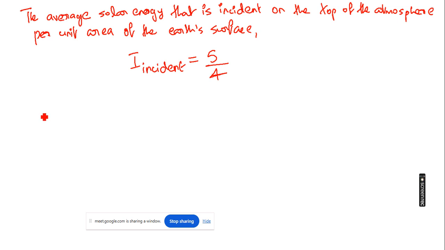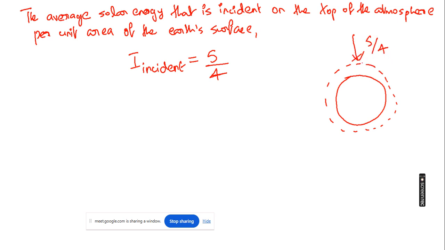Right? So part of this incident radiation, this much energy, is reaching the top of the atmosphere. Suppose this is the atmospheric layer. After reaching the top of the atmosphere, part of this incident radiation is reflected back as it travels through the atmosphere.